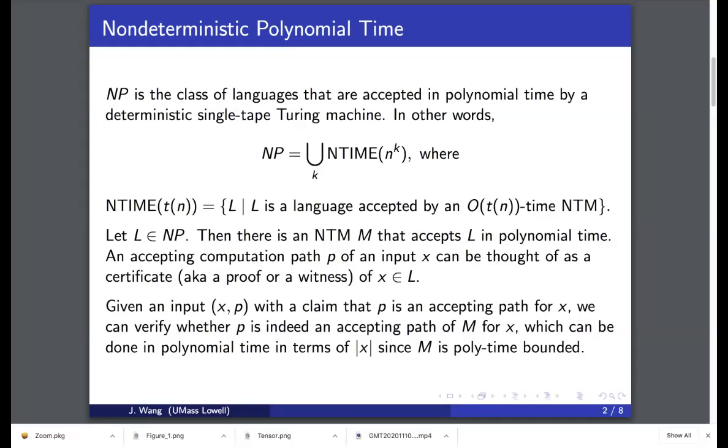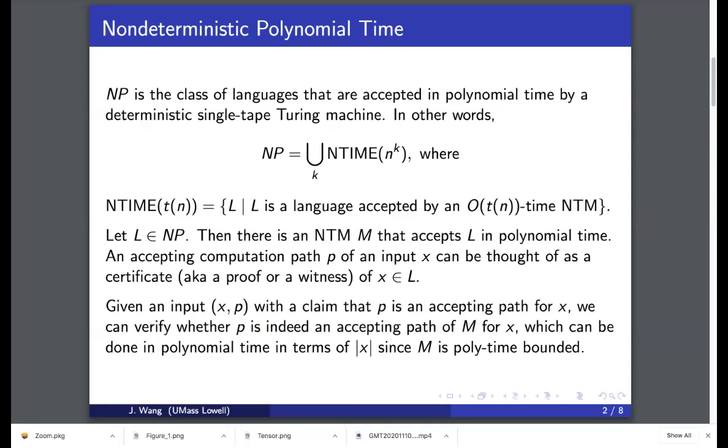Okay, so what's NP then? L is in NP means there is a non-deterministic Turing machine M that accepts L in polynomial time. Once again, in a computation tree of polynomial depth, you just search for one path to see whether that is an accept path.